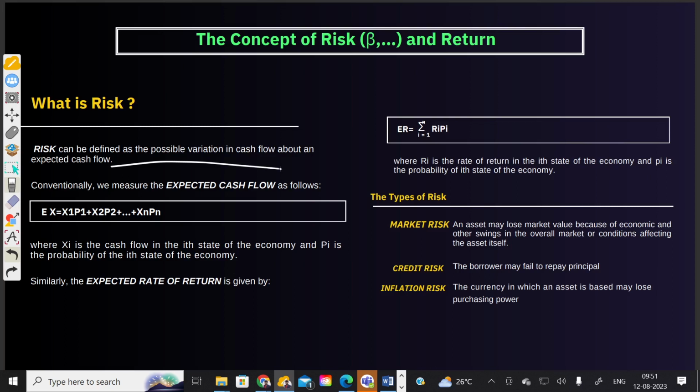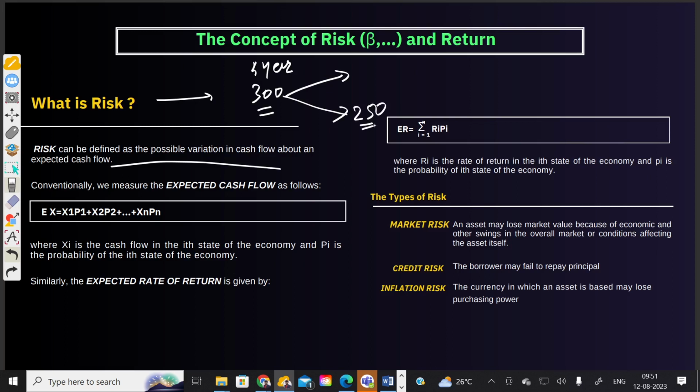If you want to calculate the risk, for example, let's say you invested at a price of 300 rupees, one year back. Now what if the price of that particular stock is 250?